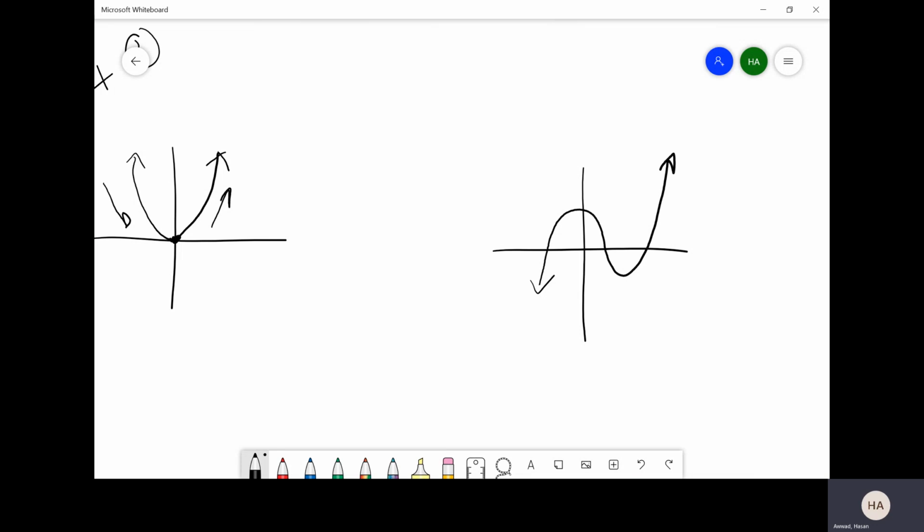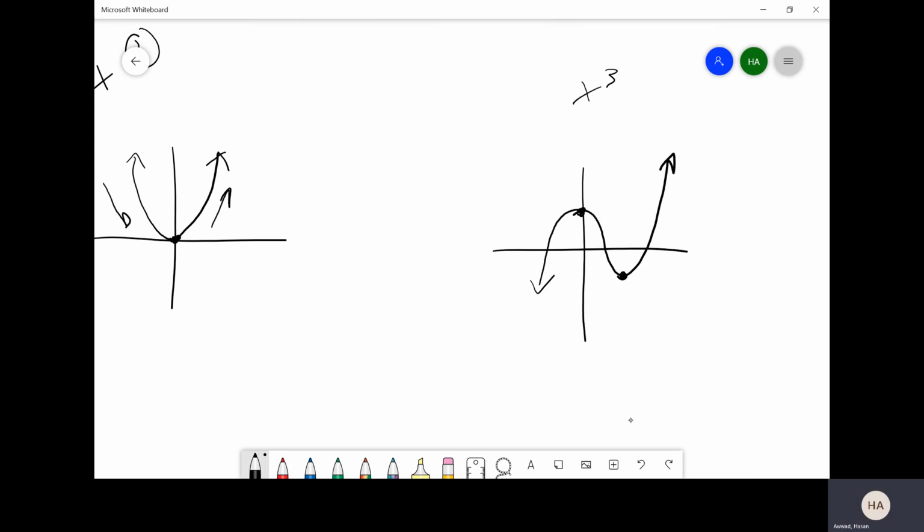It's just not centered at 0, which means something is being added to or subtracted from it. But in any event, notice how we have one turning point here and then another turning point here. So x cubed has a max number of turning points of 2, one less than the exponent.